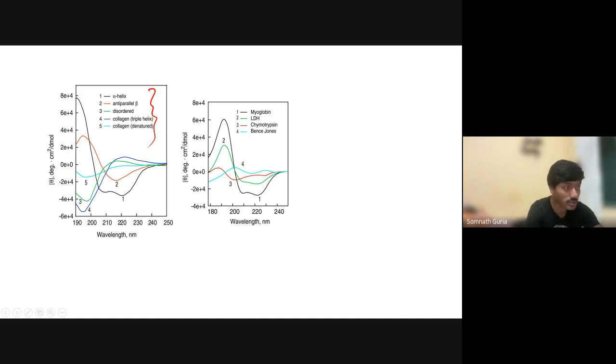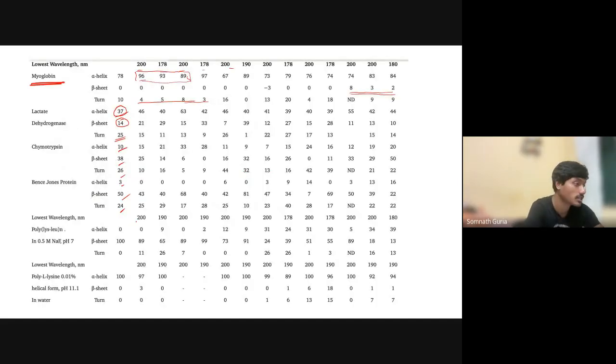Where the alpha helix is predominant, we get only the hump over here, and one other broad structure at the 218 nanometer region. So this is the data they found with the help of CD spectroscopy.